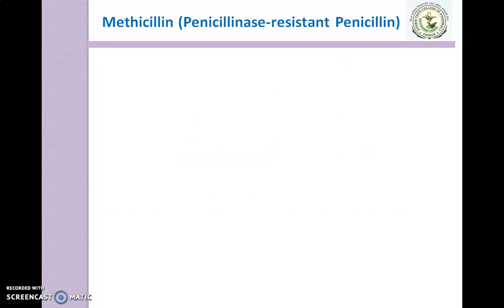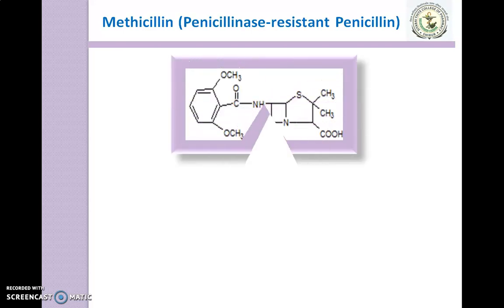Next is methicillin, which is a penicillinase-resistant penicillin. So here is the structure, and due to this structure you will get an idea why it is a penicillinase-resistant penicillin: because of steric hindrance. Here there is an increase in steric hindrance because of this 2-ortho substitution.